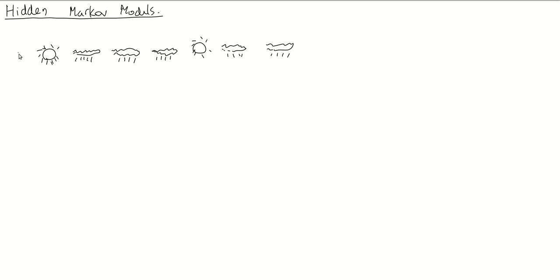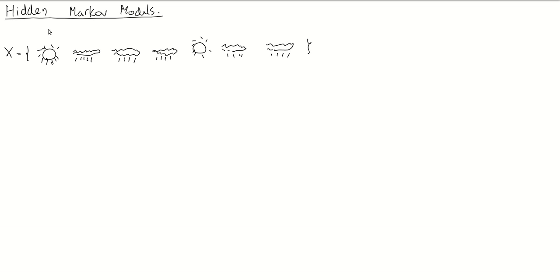So this would be what we call our observables. This is something we observe. We observe the weather each day throughout the entire week. Now, the weather on each day might depend on something we don't observe. We call this hidden states.